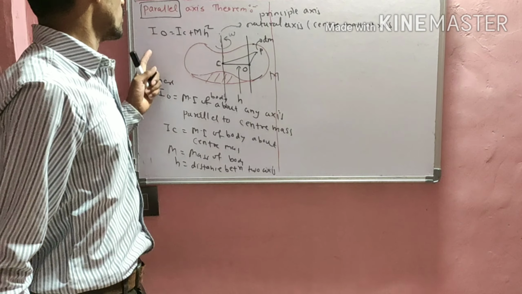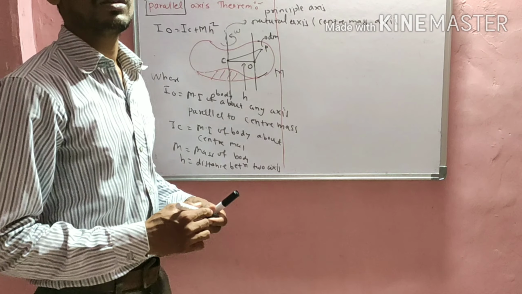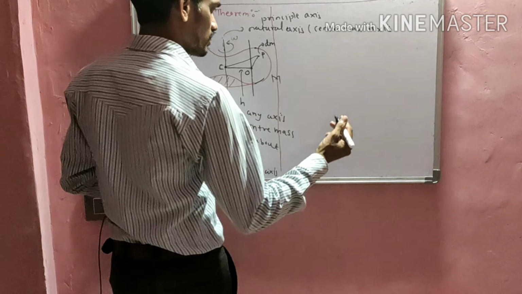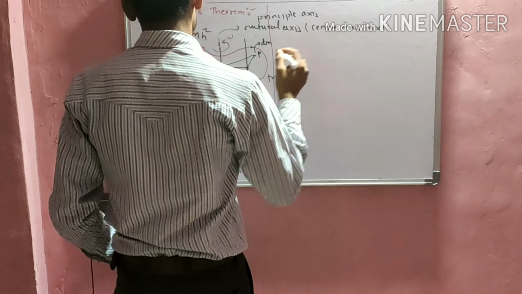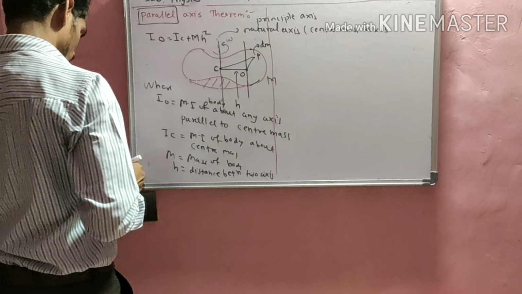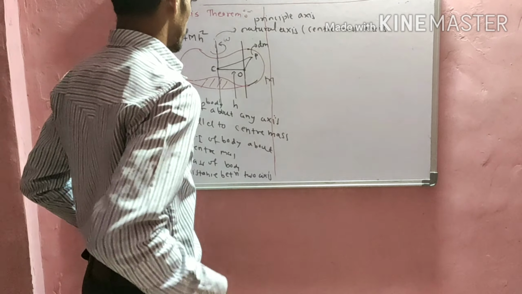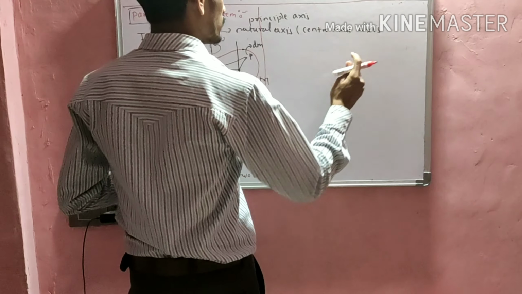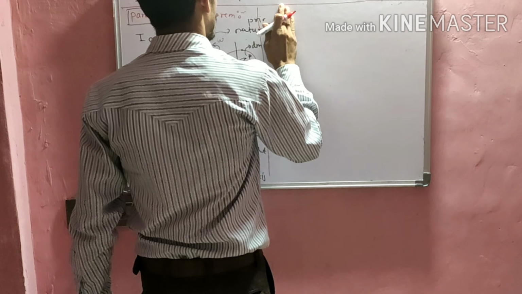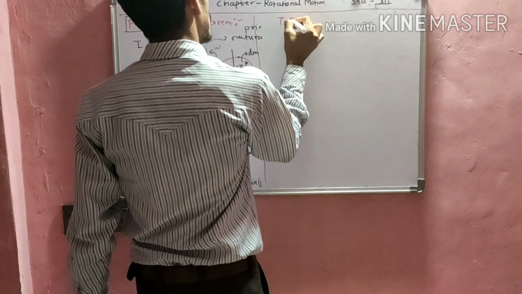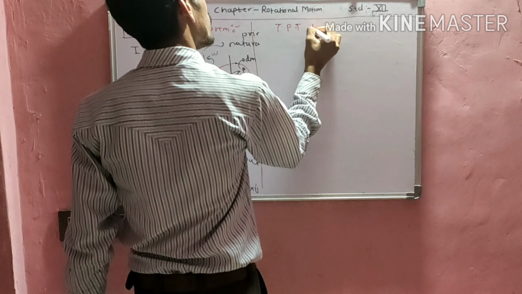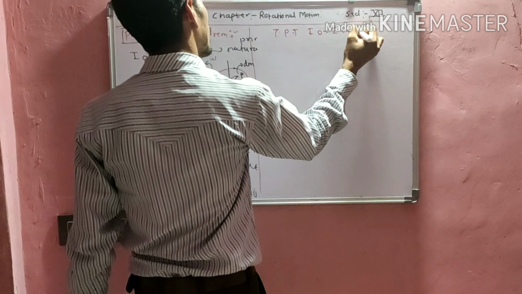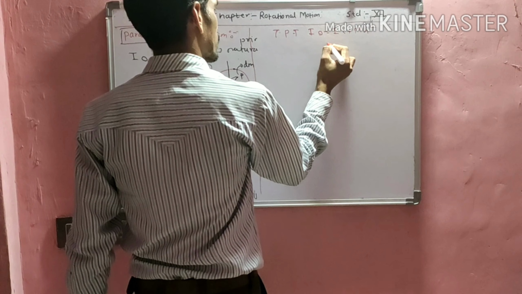Okay, then we are going to solve this. We are going to prove this. So we will end up on what, student? To prove that I_O is equal to I_C plus Mh square.